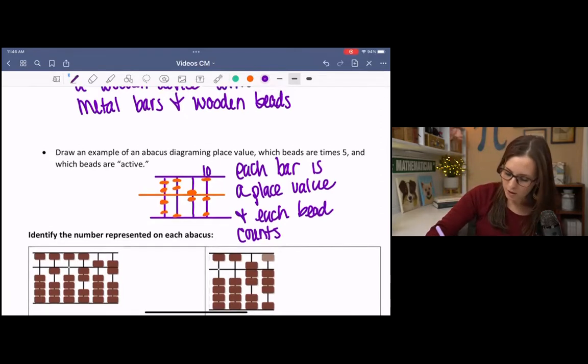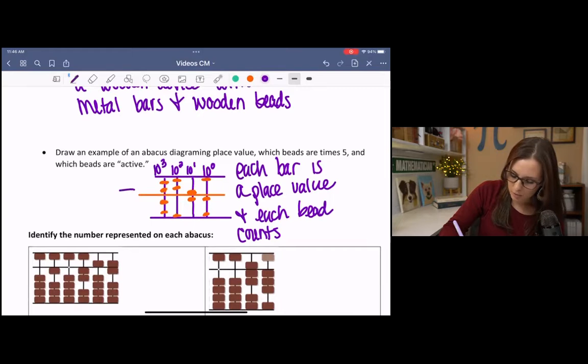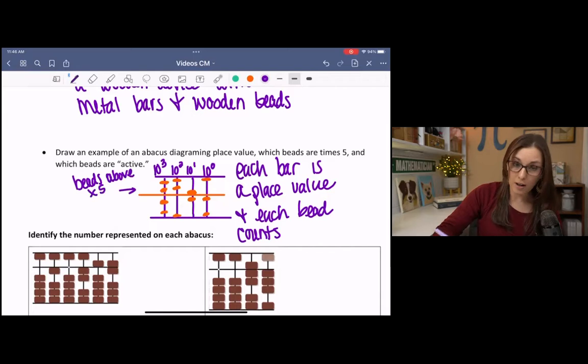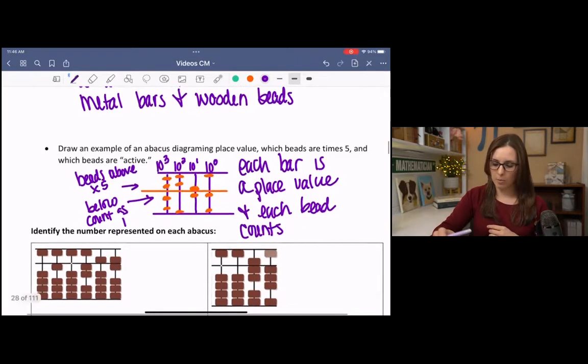This will be the ones position, the tens position, hundreds, thousands, and so on. And then the beads are important because the beads above the bar, you're going to multiply by 5, and the beads below count as 1.